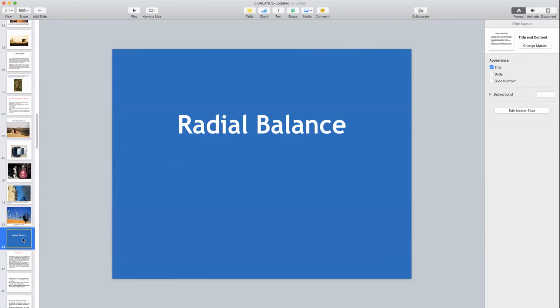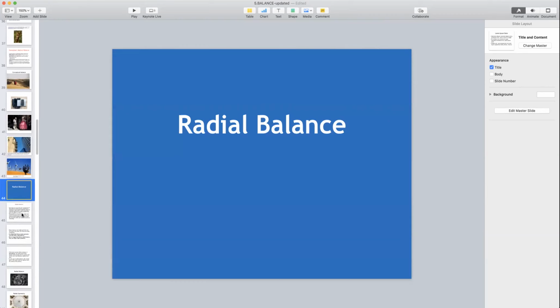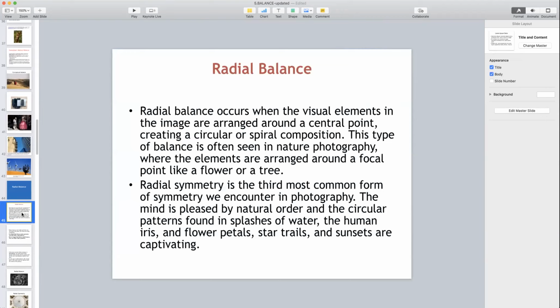Yes, we are now talking about radial balance. There is a little confusion within radial balance that you need to keep in mind: what is radial and what is symmetrical. Radial balance occurs when the visual elements in the image are arranged around a central point, creating a circular or spiral composition. This type of balance is often seen in natural photography, where the elements are arranged around a focal point like a flower or a tree.